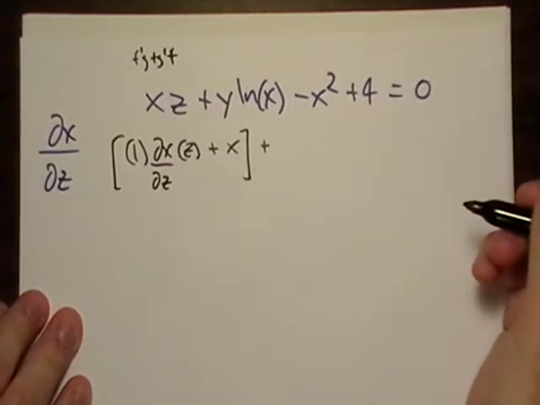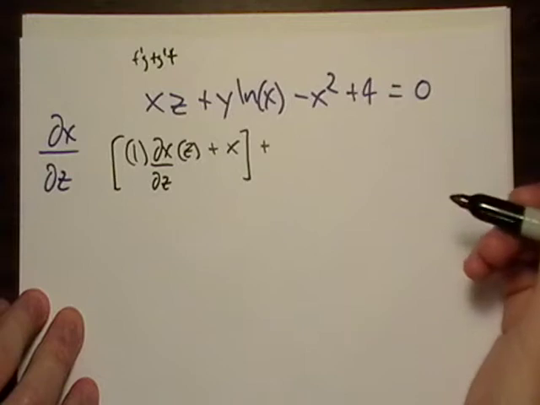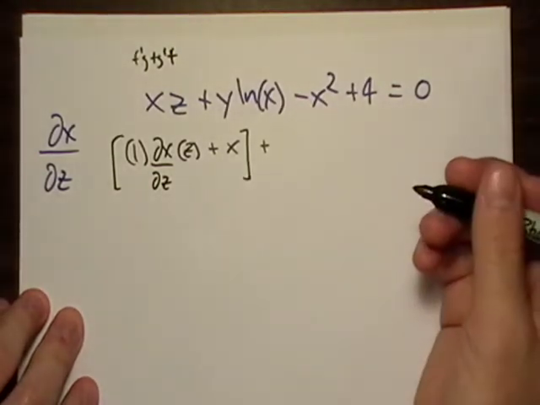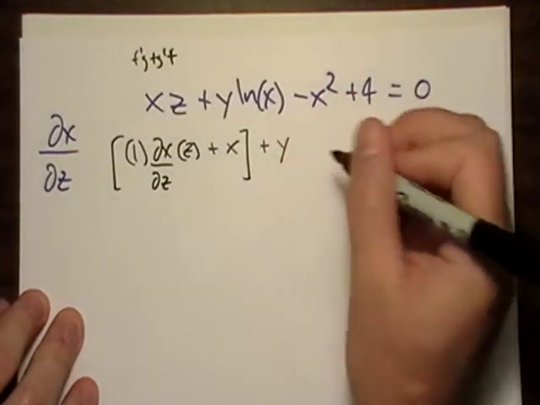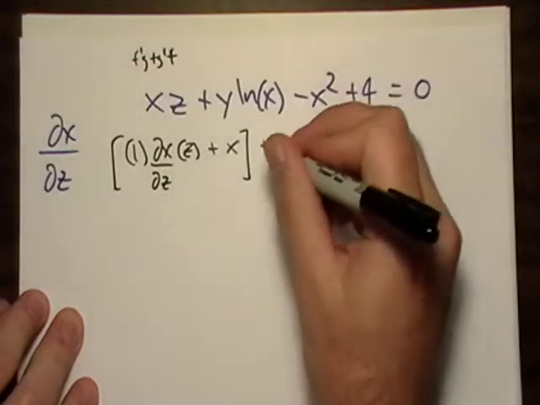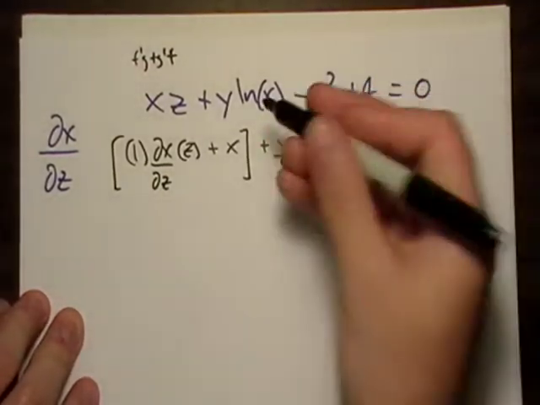Okay, the next part. We have y, which is a constant, but we also have the natural log of x. So in this case, y doesn't really just turn into 0, it's more of a coefficient.